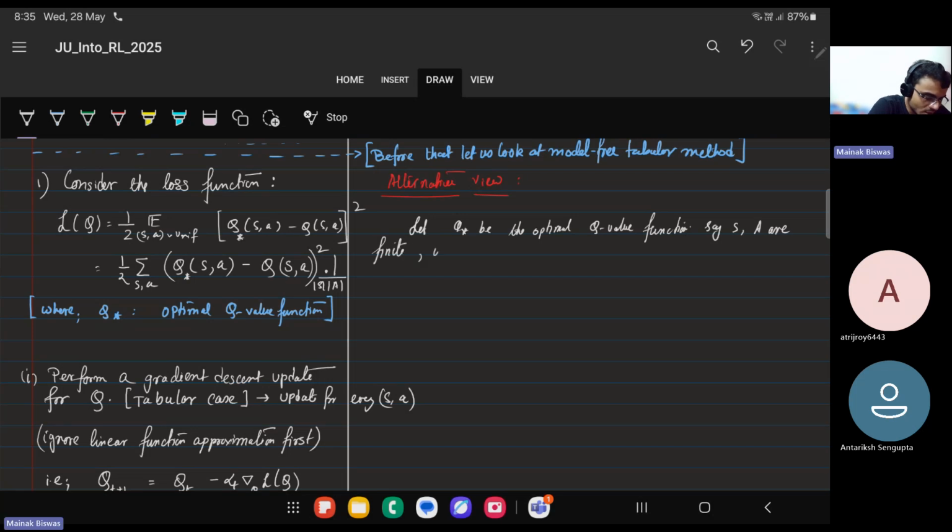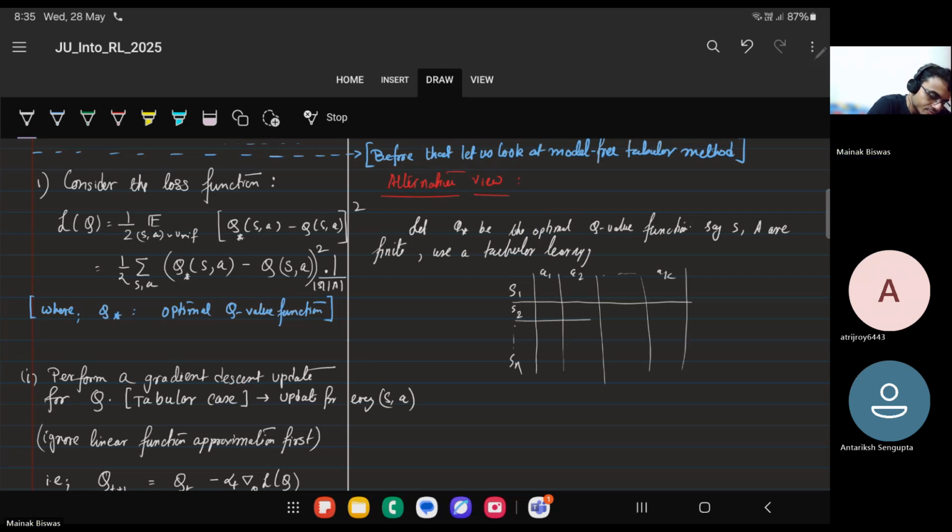So you can use tabular learning, right? For every state S1, S2, dot, Sn, and A1, A2, dot, AK, I can have a value, yes or no? Something like this. Clear? That's just a tabular Q-learning algorithm.